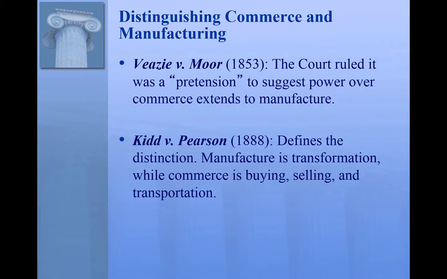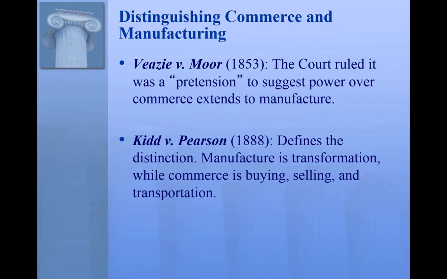In another case, Kidd versus Pearson, the court defines the distinction. It says that manufacturing is not buying and selling, it's transformation of raw goods into some saleable thing. Sometimes manufacturing could involve the extraction of raw materials and their sale as something that is then even later transformed. And that would make manufacturing even farther back from commerce.